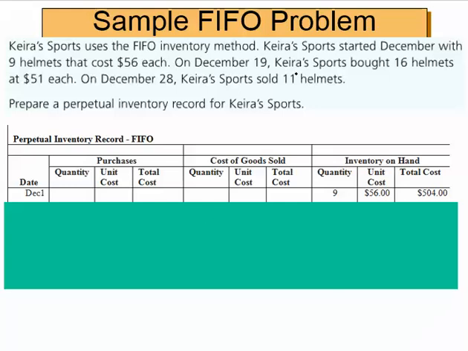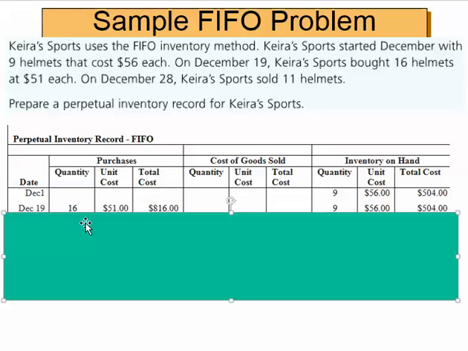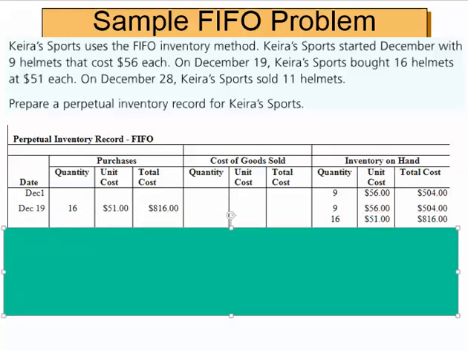Now it says that we bought 16 helmets on the 19th at $51 each. So we're going to continue to fill in our graph here. On the 19th we purchased 16 units at $51. That's a total of $816.